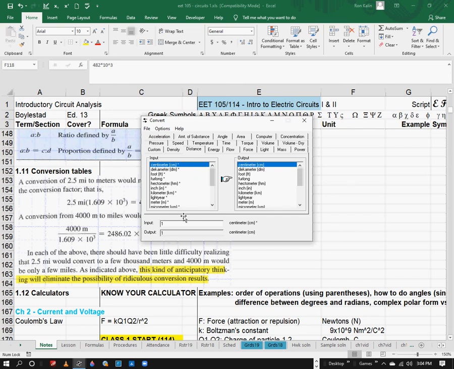You have the input and the output, and let's say you wanted to convert centimeters to inches. Then you just type in your variable here and you get it in inches out, or you guys can use this for different classes, but they have ones for energy in here and they have ones for power in here, and that's pretty much the only ones that we would ever use. But we typically don't. This is not something we typically do in this class.